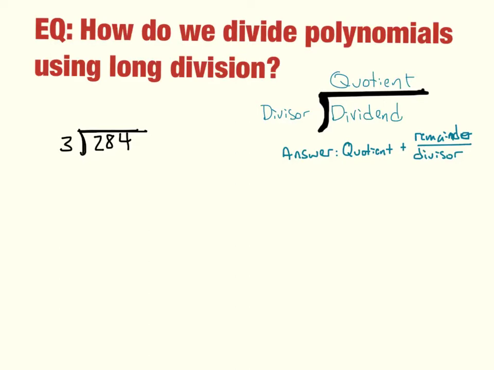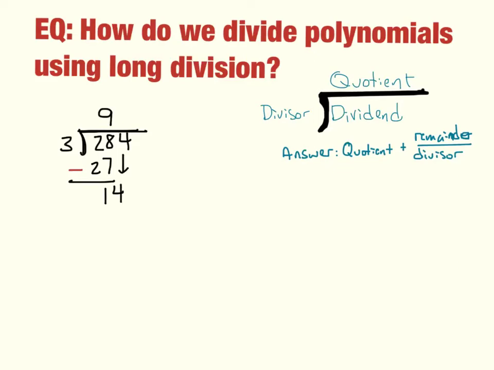How many times? 9 times, 27. Then you take it away. 28 minus 27 is 1. And now I bring down this 4.